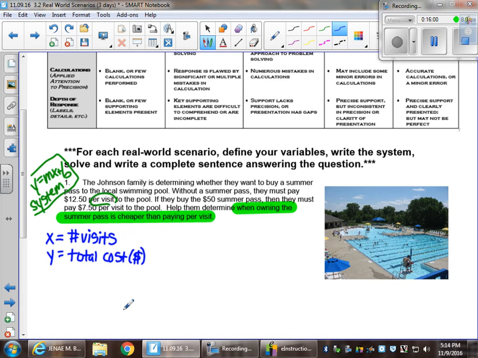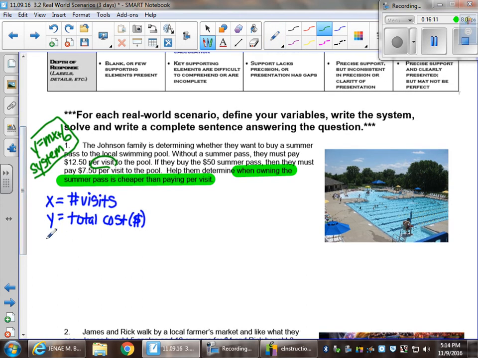Ask yourself, what's being compared? Here I see without a summer pass, I have information, and then with a summer pass. So in terms of our descriptors, we can write no pass, and then with pass. It will help us guide our equations here. So what's our model going to be without a pass? No pass. Well, without a summer pass, you pay $12.50 per visit.